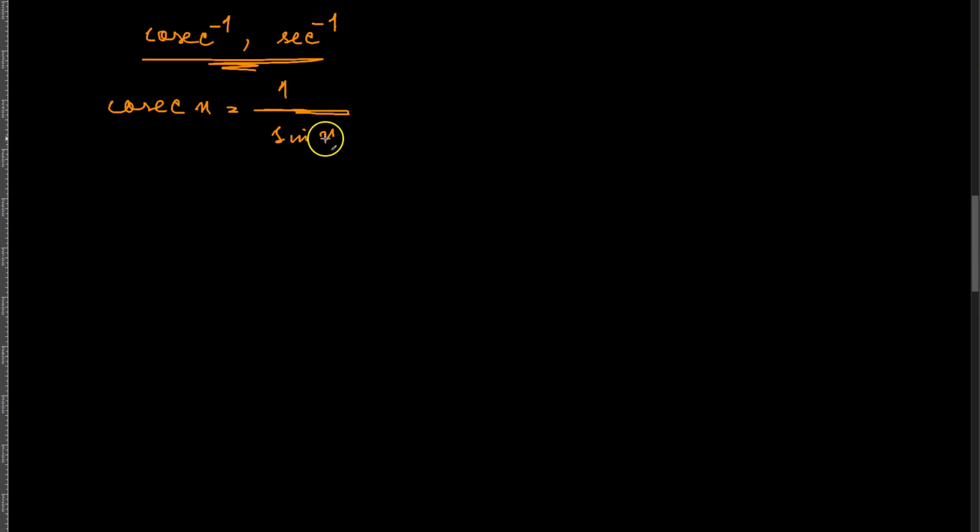and the domain of the cosecant function is the set. Wherever sine is 0, you have to exclude those points from the domain of the cosecant function. Now sine is 0 at 0 and pi, meaning at pi, 2 pi, 3 pi, and so on.